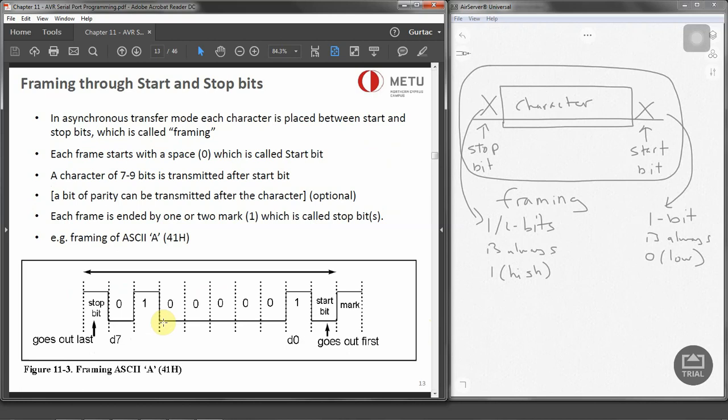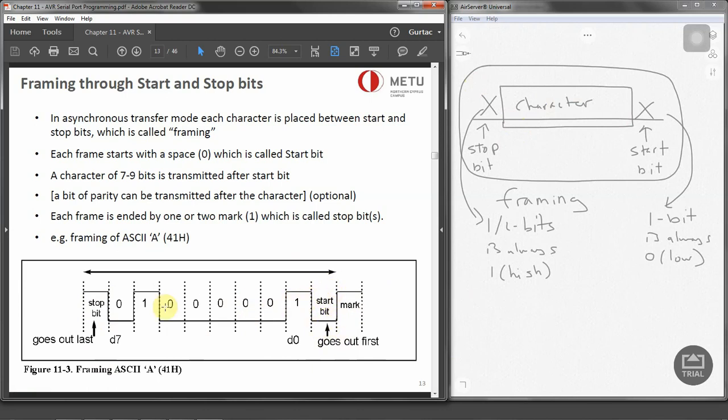Now, as we already said, we need a start bit and stop bit, and we have got a character in between. Now you can see this in detail with the timing waveform. This is our framing. We have got the start and stop bits. It always starts with the space, which is 0.